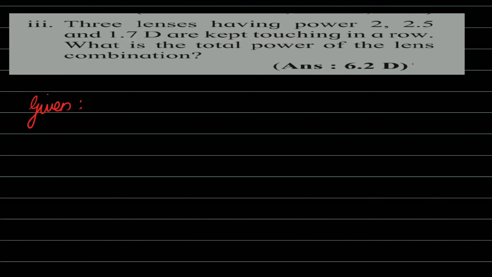The given values are P1, that is the power of the first lens is 2 diopter. Power of the second lens is 2.5 diopter. And power of the third lens is 1.7 diopter. We have to find the total power of the lens combination.